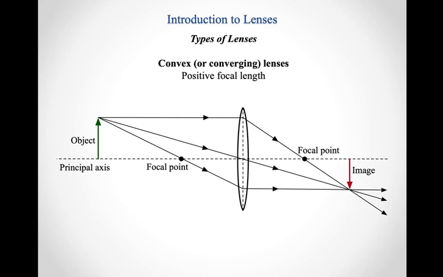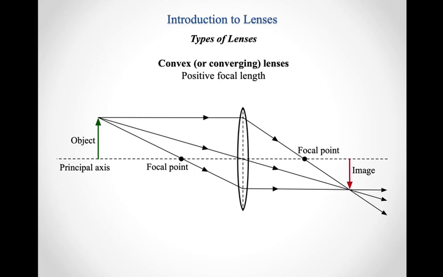Now let's see how these lenses will form images of an object. So now we have an object, and again, it's not infinitely far away. Here we have a converging lens, or we could call it a convex lens, which means it has a positive focal length. And as you can see, given our setup here, it forms an image over on this side of the lens.